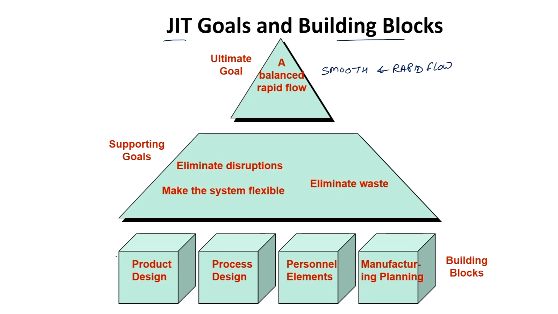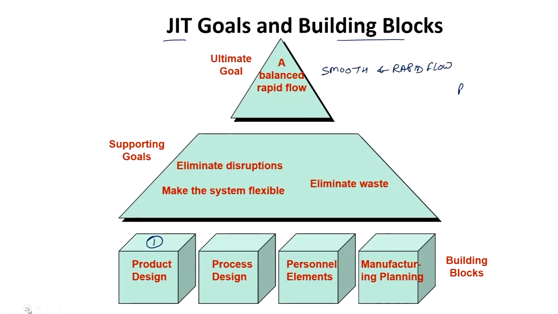The first important building block is product design. My design should be modular in nature, and should have all the aspects which we have studied in product design. So we talk about modularity, so that I can create variety with the minimum of inventory.